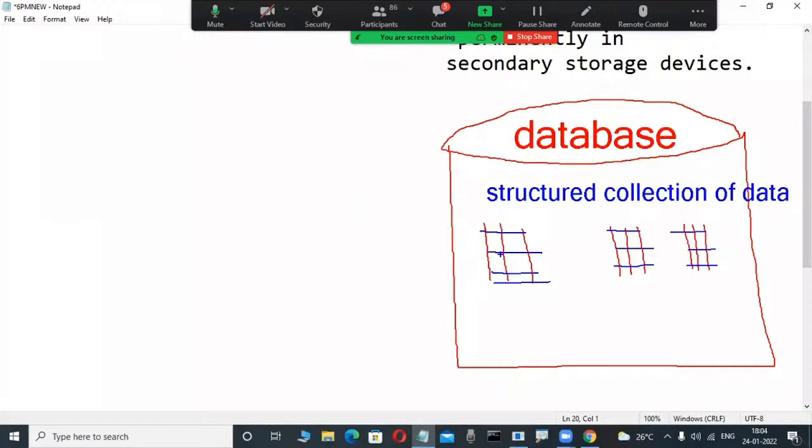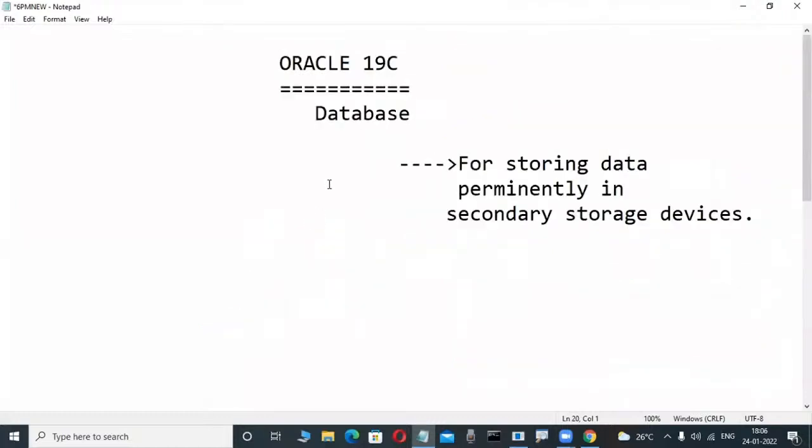Once a structured collection of data is there, for operating on this data, which language do we use? Very good, SQL, Structured Query Language. That's why these databases are implemented based on the relational data model.